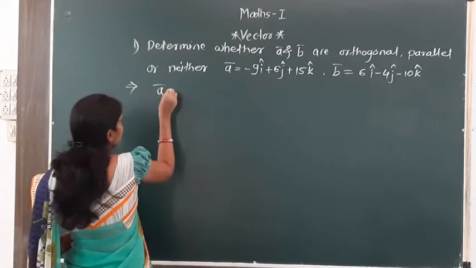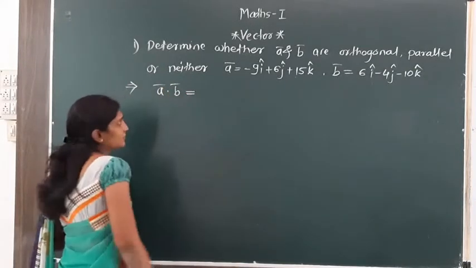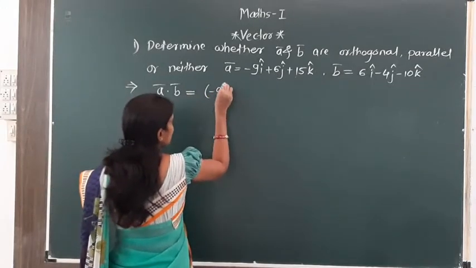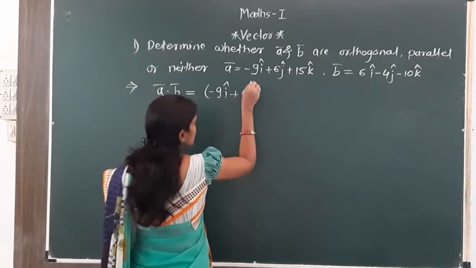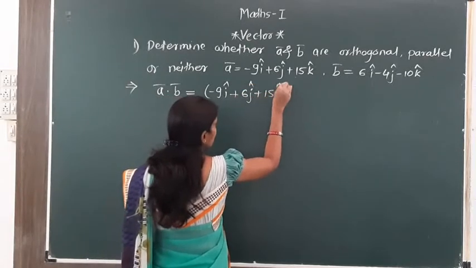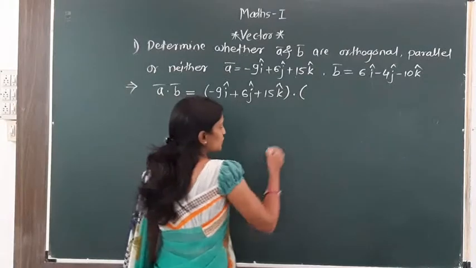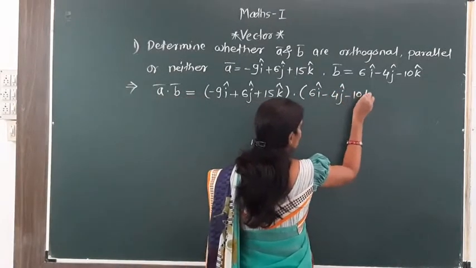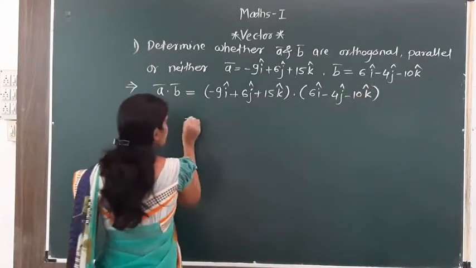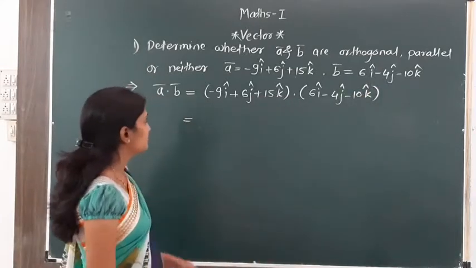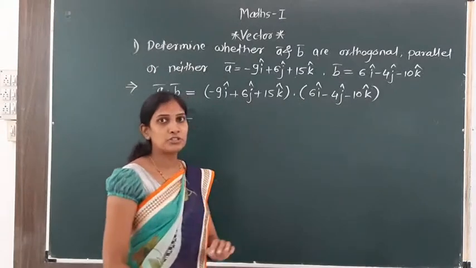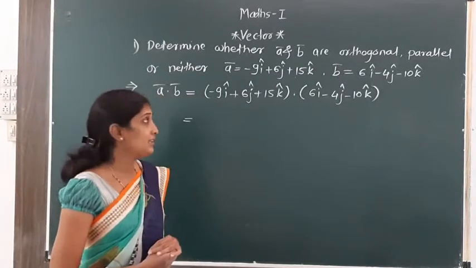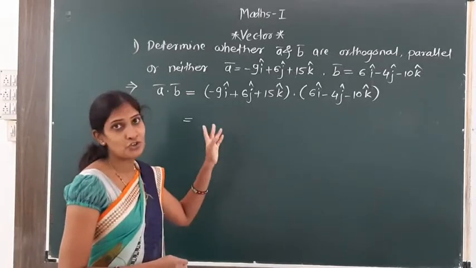For that we find A bar dot B bar. A bar is minus 9 i cap plus 6 j cap plus 15 k cap, dot B bar, which is 6 i cap minus 4 j cap minus 10 k cap. How do we get the dot product of two vectors? Multiply the coefficients of the same unit vectors.